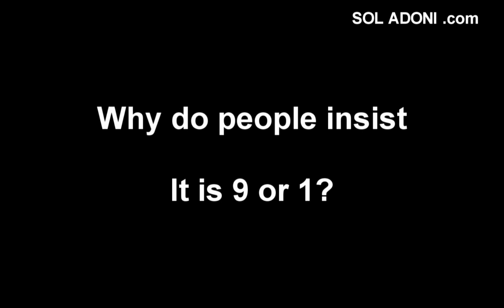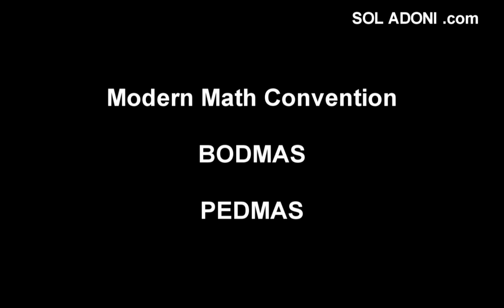Well, why do people insist that it is either the number 9 or the number 1? Well, modern math convention, since the age of computers, has taught BODMAS or PEMDAS. These are acronyms to describe an operator sequence on how you would go about solving a string of equations.